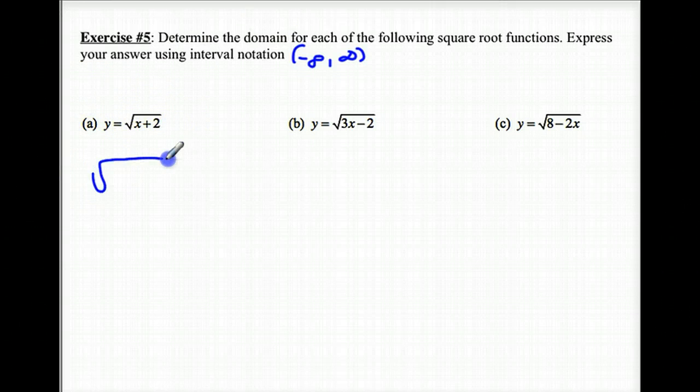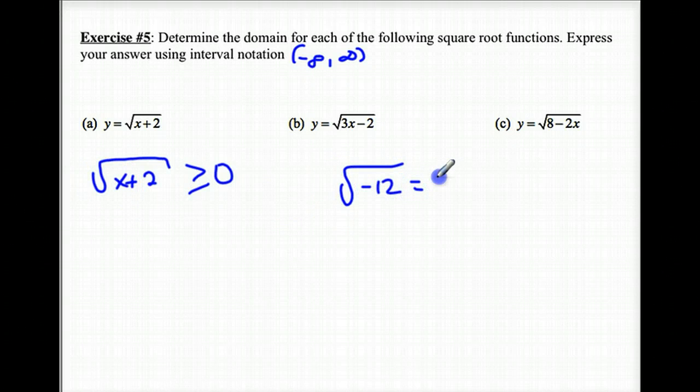So square root of x plus 2 has to be greater than or equal to 0.